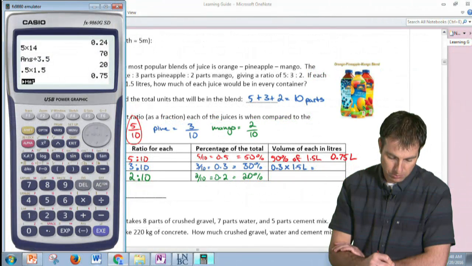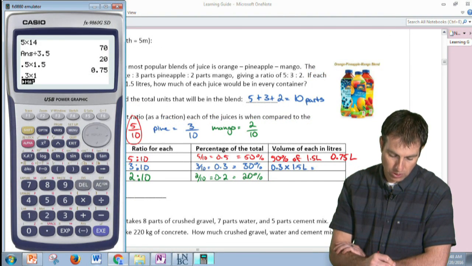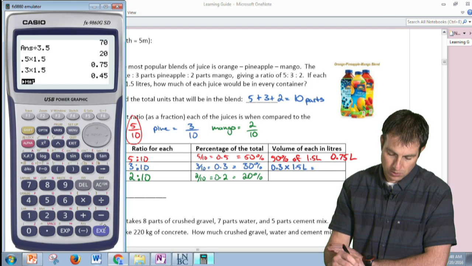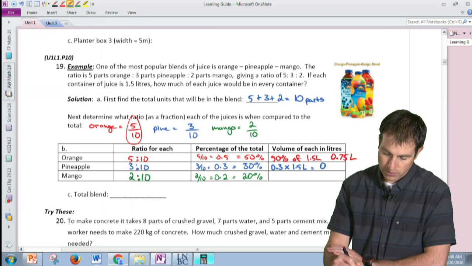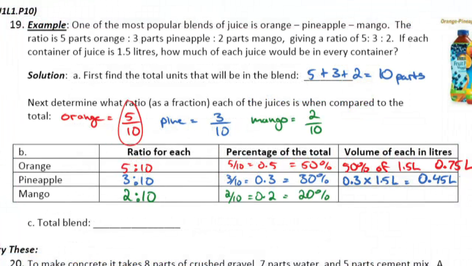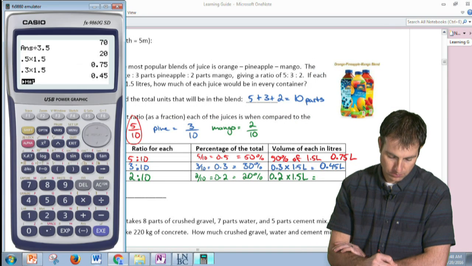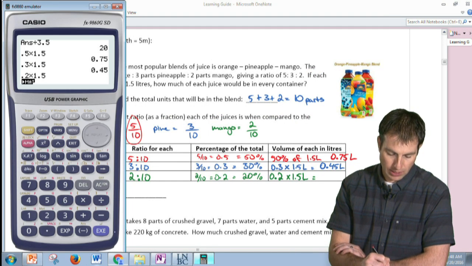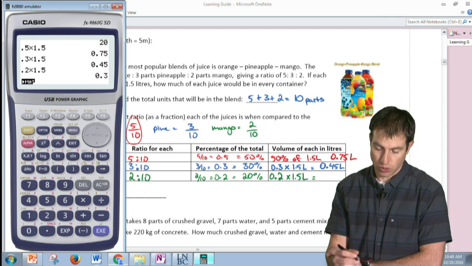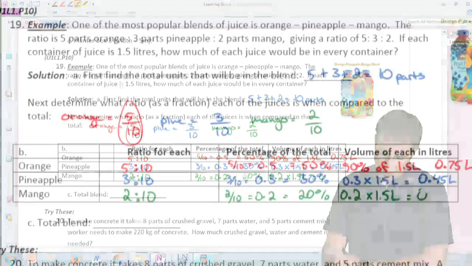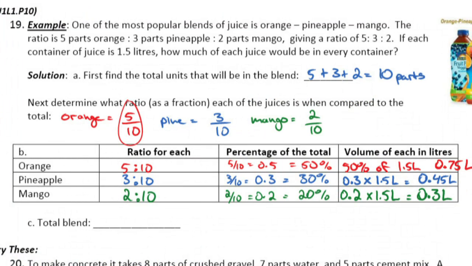What does that give us? 0.3 times 1.5 liters is 0.45. And then this last one is going to be 20%, so 0.2 times 1.5 liters. 0.2 times 1.5 is 0.3 liters.